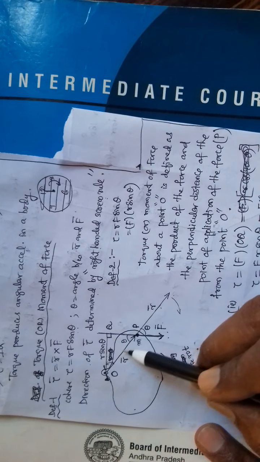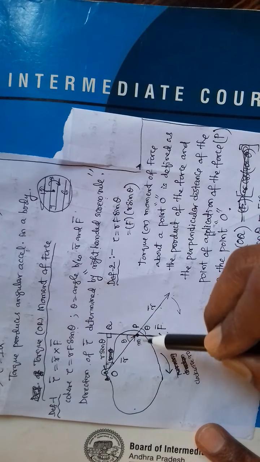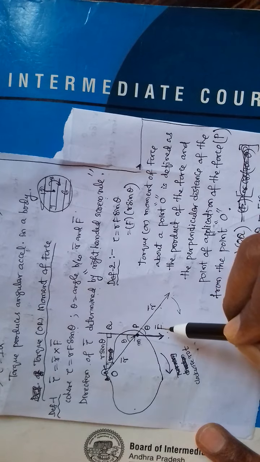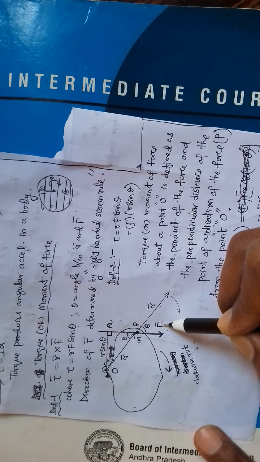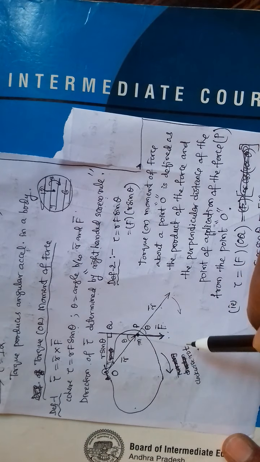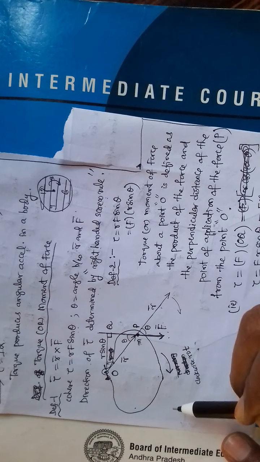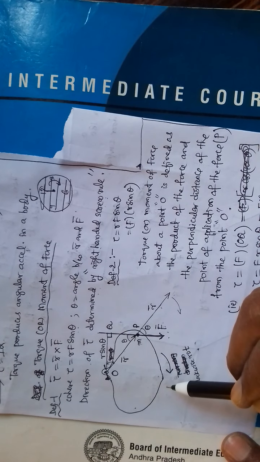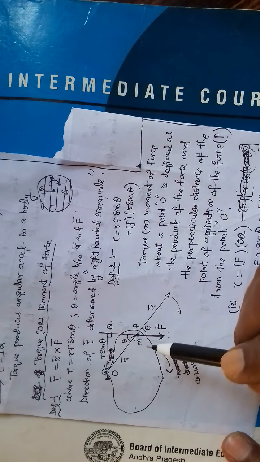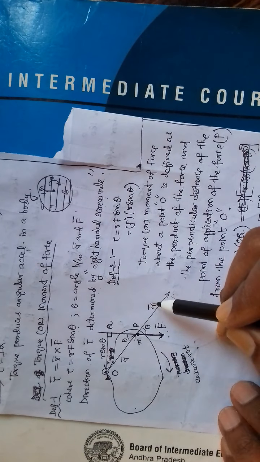So this is the position vector. And on this you are applying some force F. When you apply the force, this lamina rotates clockwise. So in this way the torque has a turning effect. The torque produces a turning effect. It rotates.